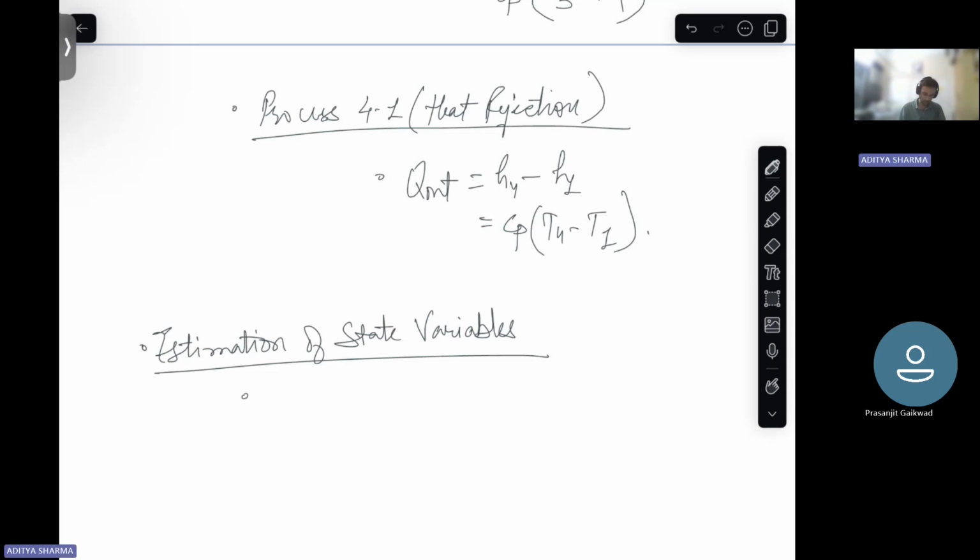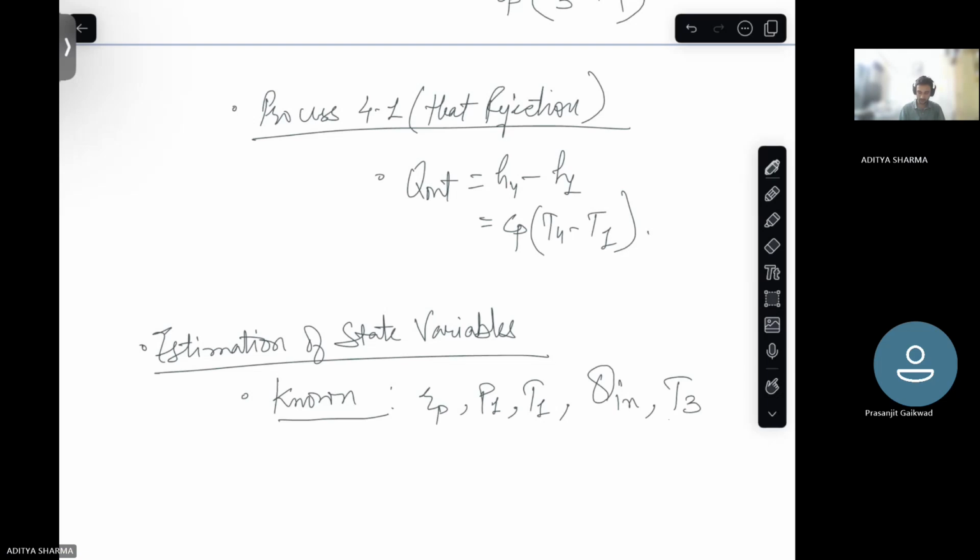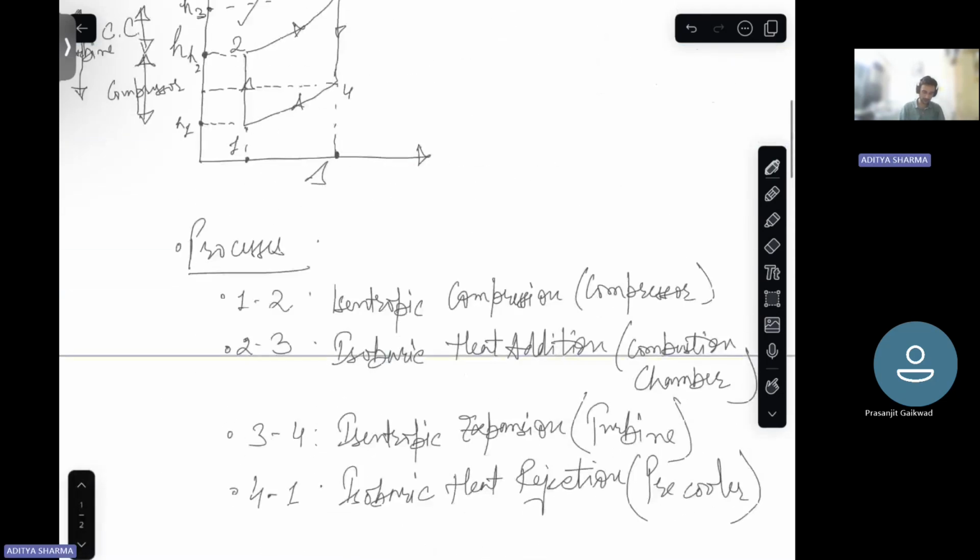So what is known to us? Known to us are parameters like pressure ratio, inlet pressure at the compressor, temperature at the compressor inlet, the heat that we are adding, then the ratios of maximum pressure, maximum temperature to minimum temperature.